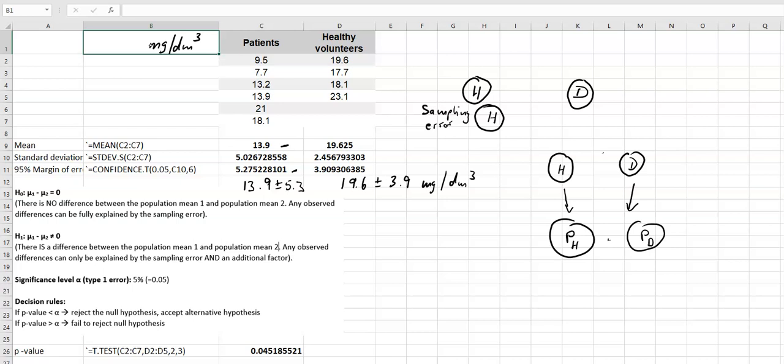Can we distinguish these different populations? Or does it look like something like that? Are the populations indistinguishable from each other?